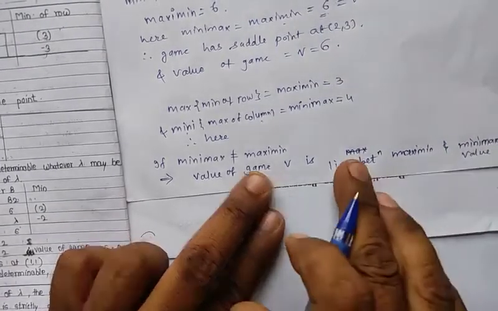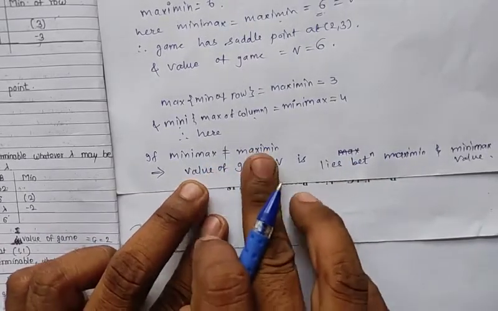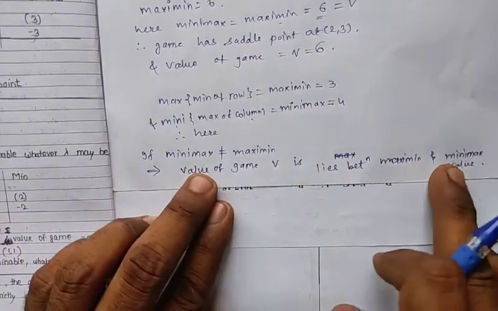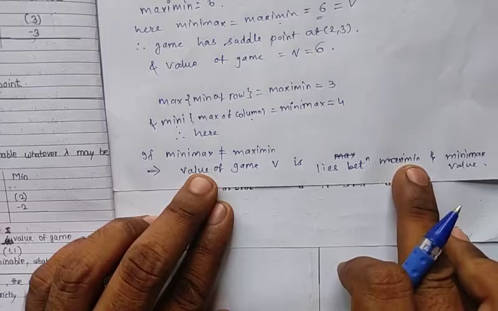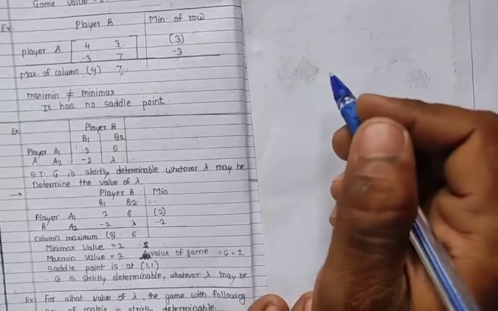So always, the value of the game lies between the maximin value and the minimax value. Okay, now let's see the next example.